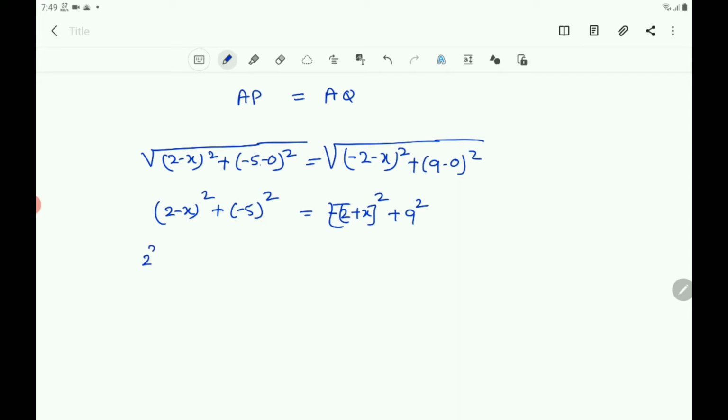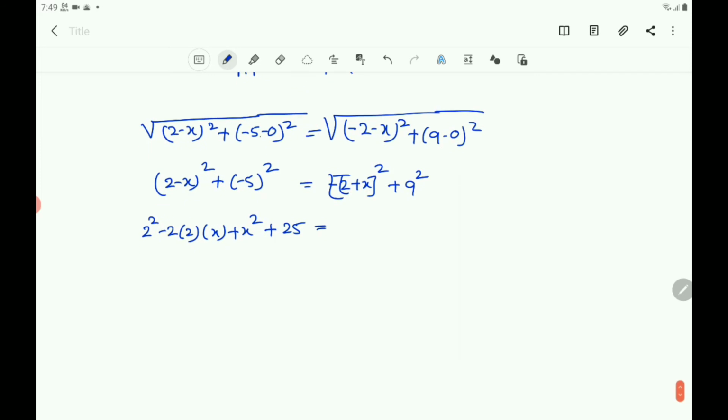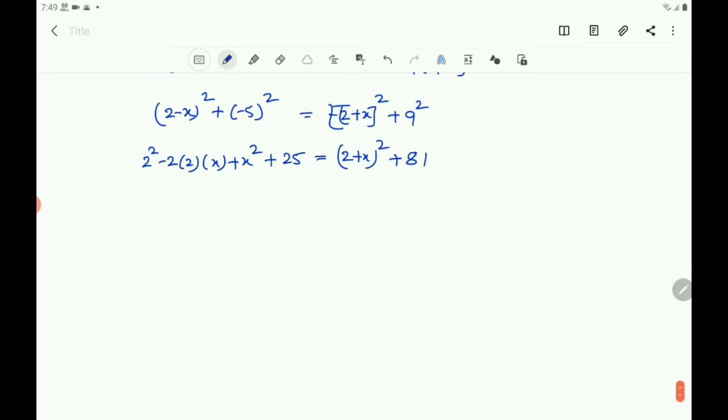That is 2 square minus 2 into 2 into x plus x square. Square of minus 5 is 25. Then on the right, (2 plus x) whole square plus 81, as 9 square is 81.